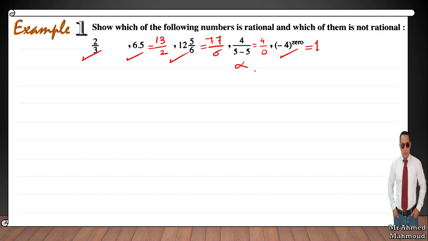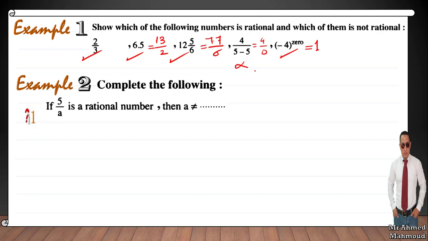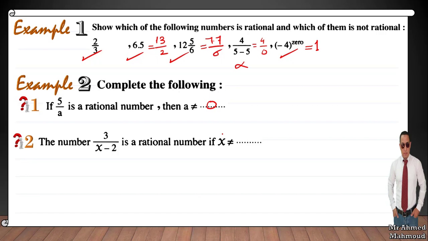Another example. Complete the following. If 5 over a is a rational number, here a is the denominator, so a is not equal to 0. Number 2: 3 over (x minus 2) is a rational number, so x minus 2 doesn't equal 0.